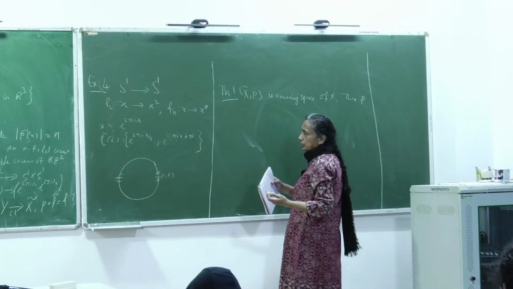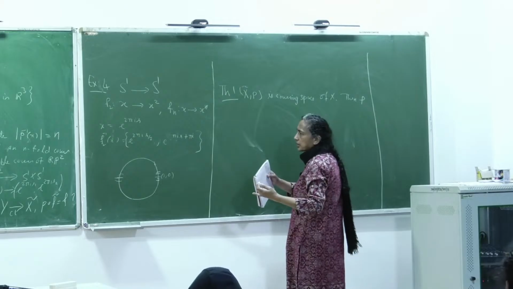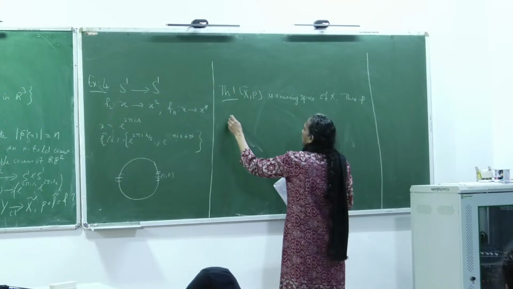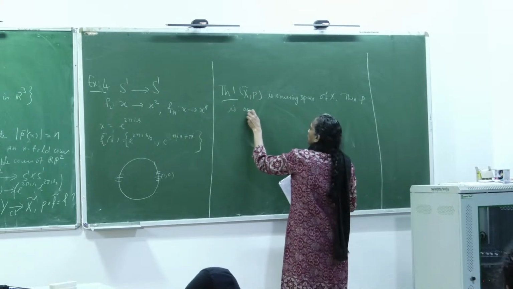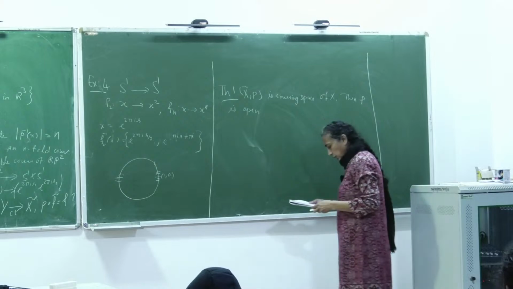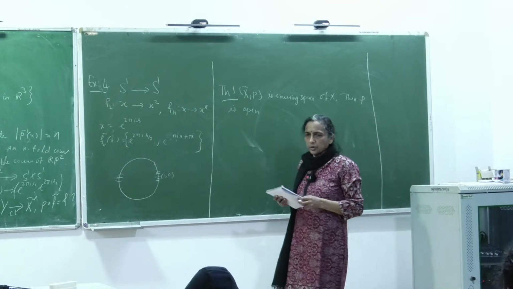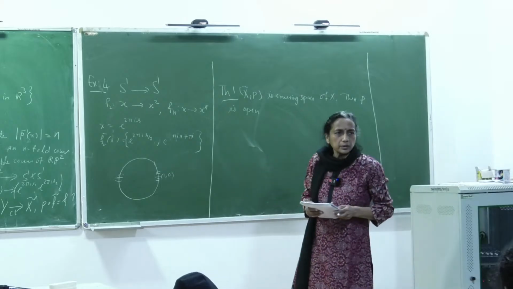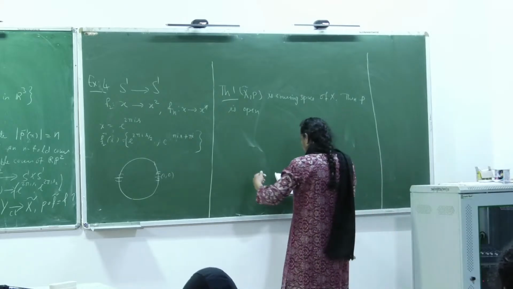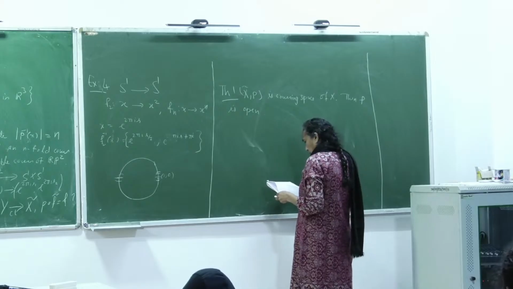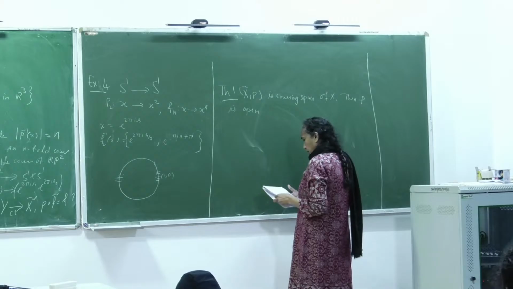Take an open set u tilde in x tilde and show p of u tilde is open, okay? Then p is open. So you have to use the homeomorphisms and stuff. Homeomorphisms are open, right? So you restrict and show that. And theorem 2 is okay.